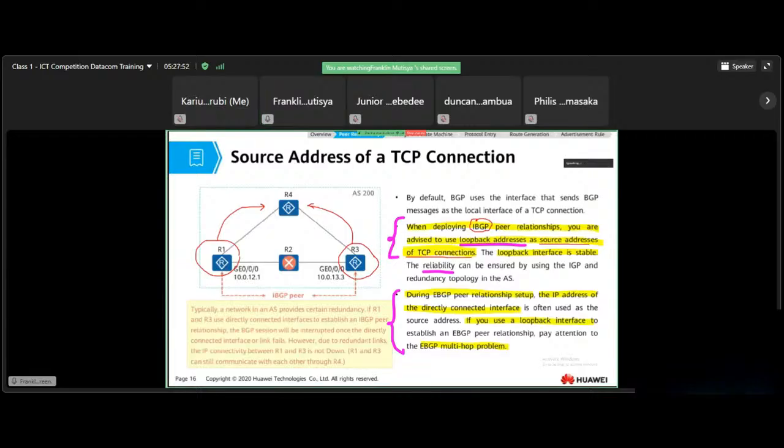So two routers in an IBGP can be connected through other routers. It is not a must that you have a physical link connecting them. They can be connected through other existing parts of the network.